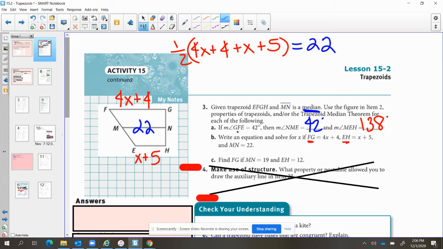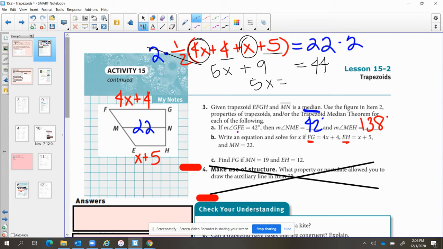To undo this division by 2, we can multiply both sides by 2 to start, and we end up with 44 on the right-hand side. Then we can combine some of these x's and constants to simplify. Now subtract 9 and divide by 5, and we get x to be 7 for part B.